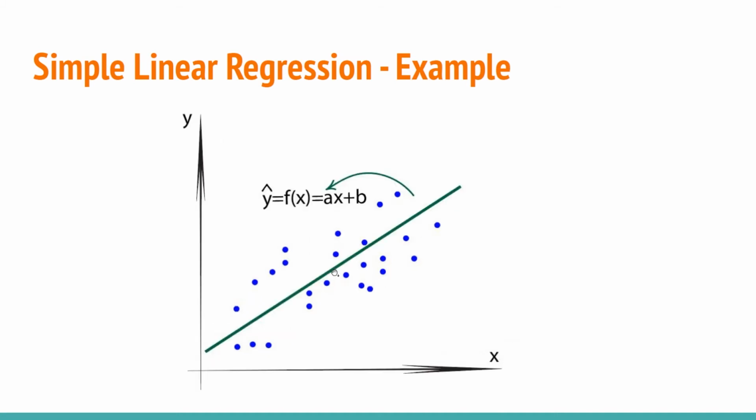Let's assume we want to map a linear function that tries to estimate the data. Let's say this is our function ax plus b, which is a linear function, and we didn't say y here because this is y hat. Basically this function gives us an estimate of y, not the y itself.